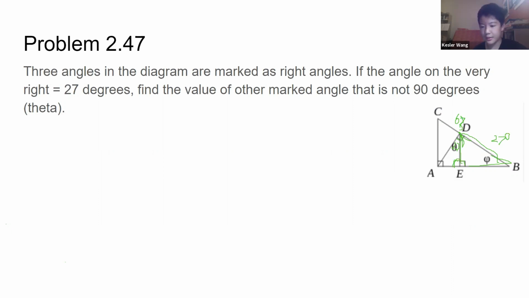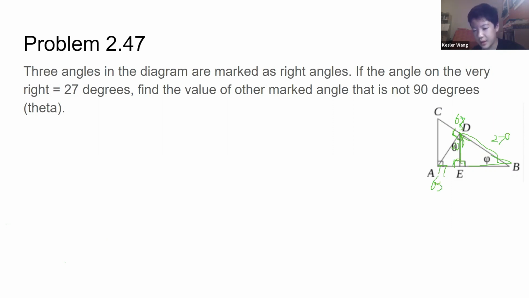So then we can conclude that this is another 63-degree angle. And also, this angle is also 180 degrees because of the explanation of angle DEB plus angle DEA.